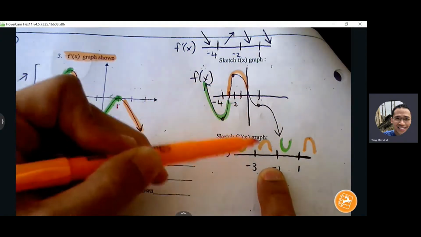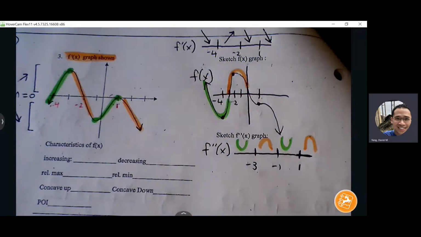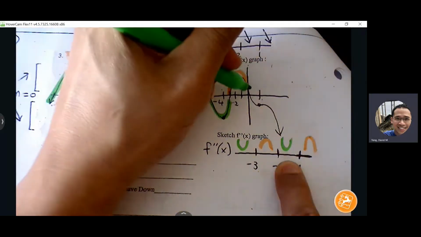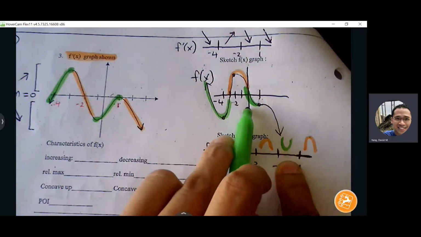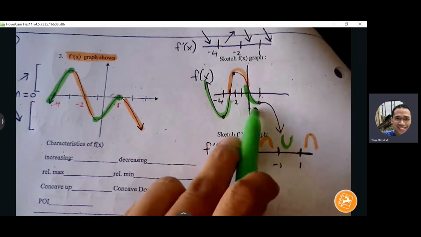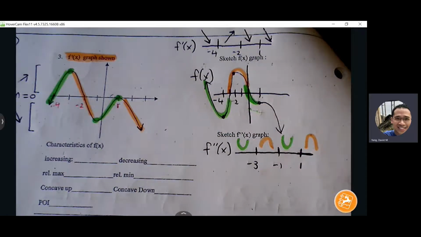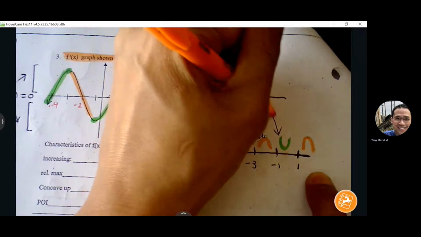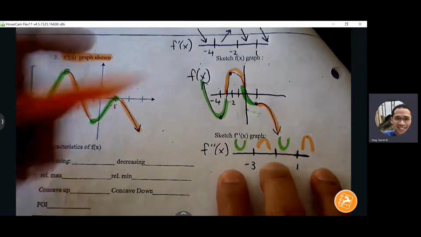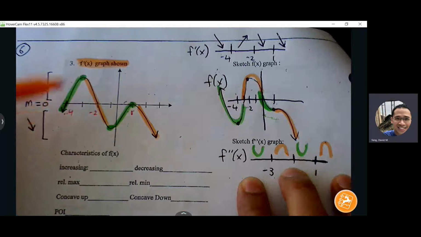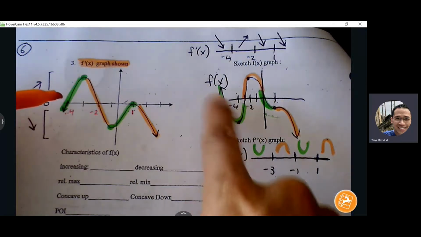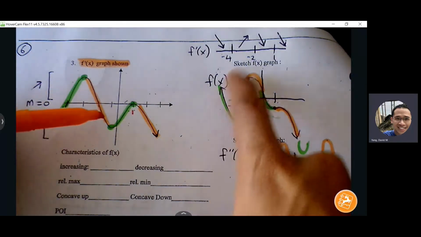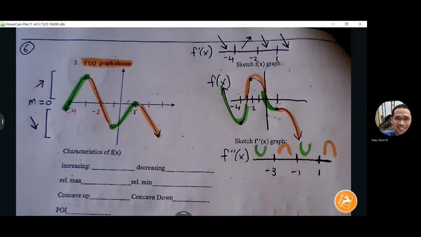Then between -1 and 1, back to concave up, or at least a portion of it. It's not the full concave up, but it is concave up. And then it switches to concave down. So the curvature here matches the original graph, but we're pulling it a little differently from the derivative graph. Positive slope is going to translate to concave up. Negative slope of the f prime graph is going to translate to concave down.